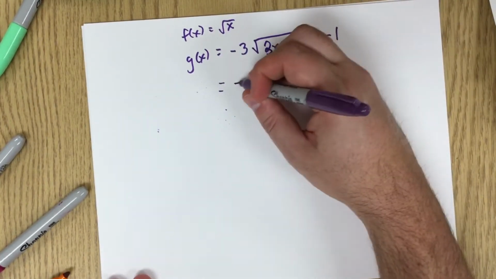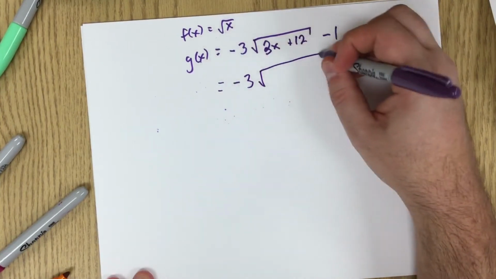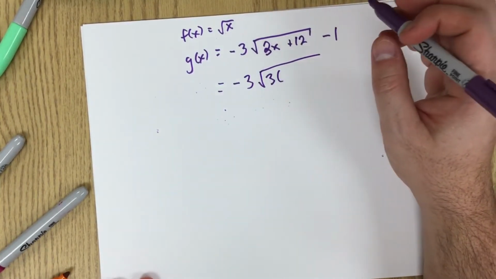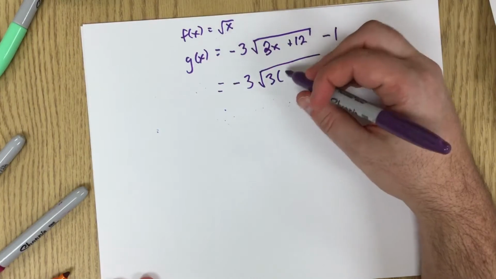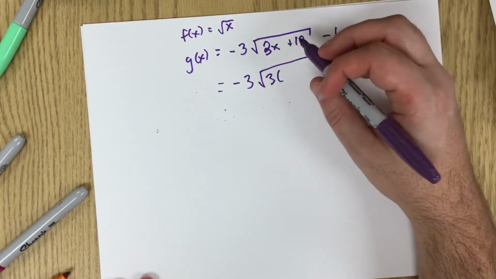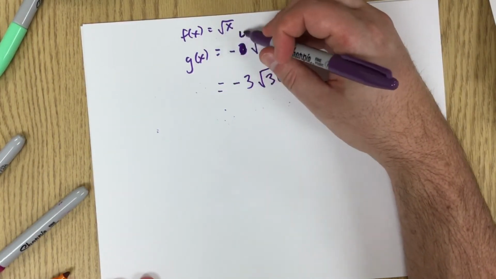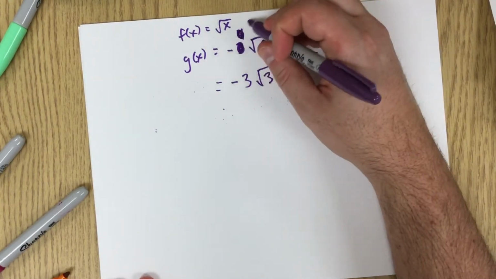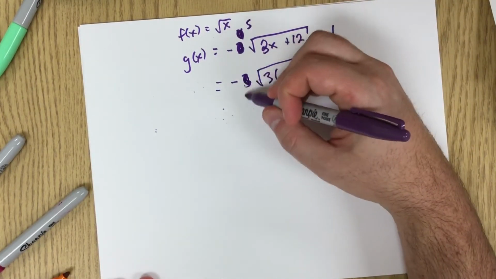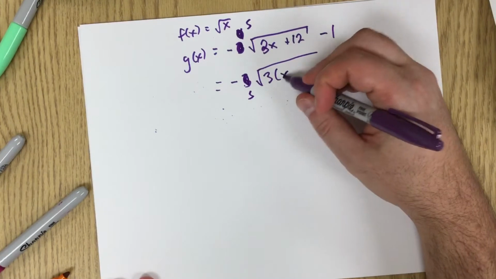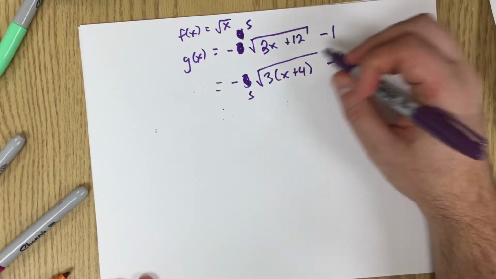And we have to rewrite that, so we're going to write that as minus 3 times the square root of, probably should have done 2 3's there. We're going to change that to a 4. We're going to change it to a 5. x plus 4 minus 1.